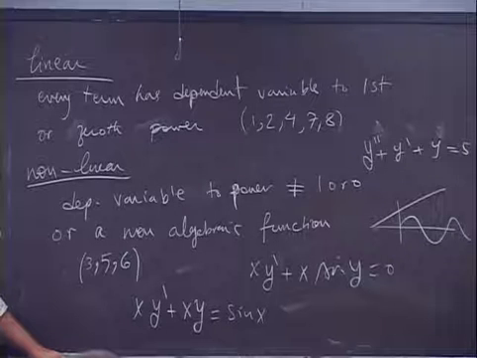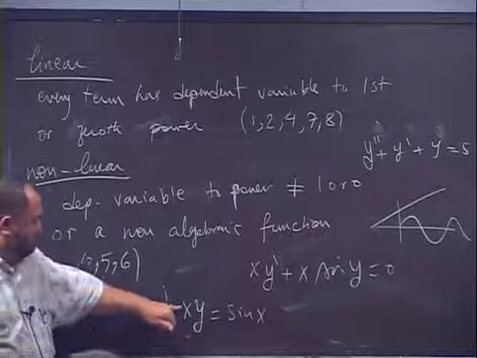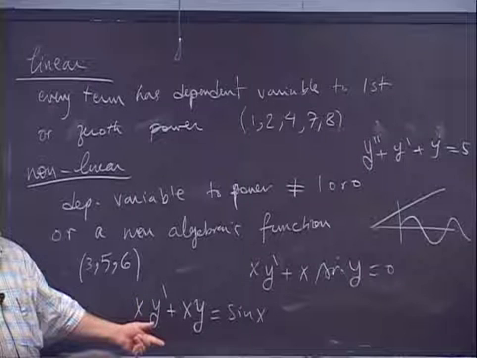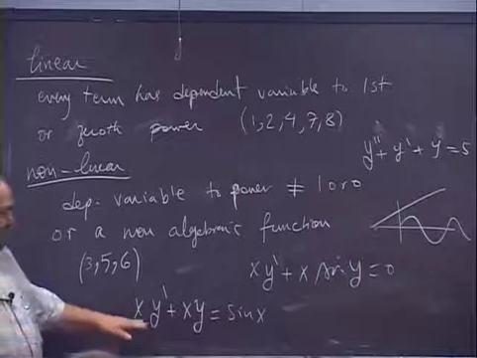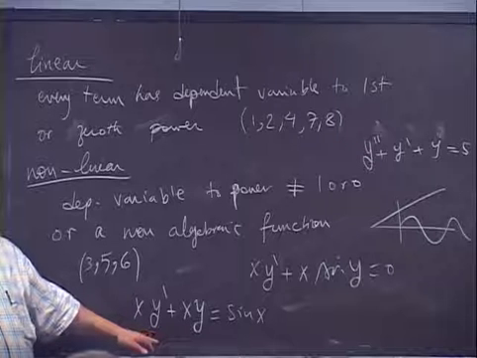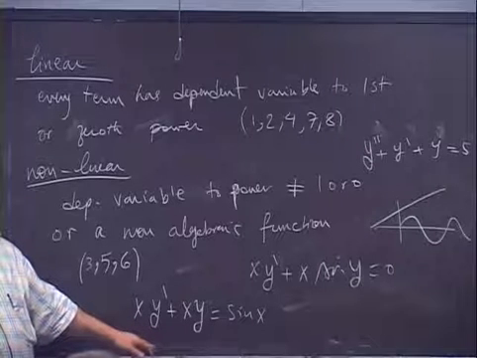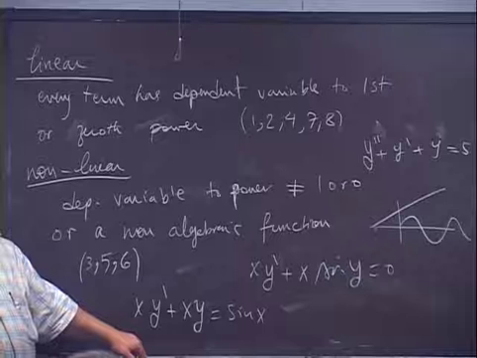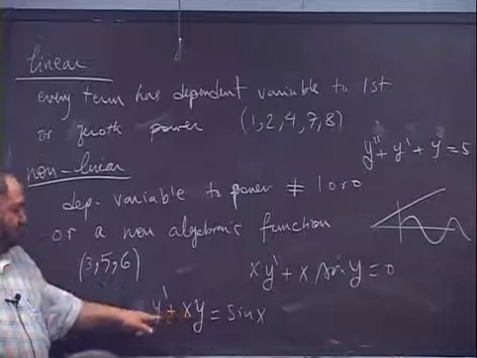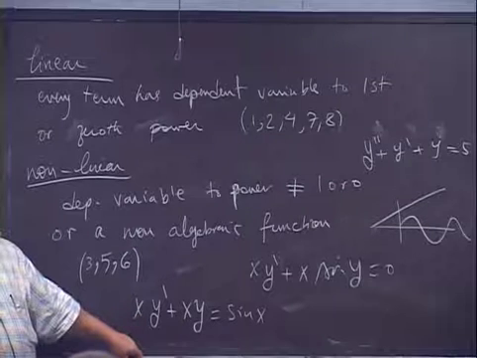It's a linear equation. Why? Because all the dependent variables are raised to the power of 0 or 1. This is called an ordinary differential equation. It's linear, so we call it a linear ordinary differential equation with variable coefficient, because the coefficient is not constant.